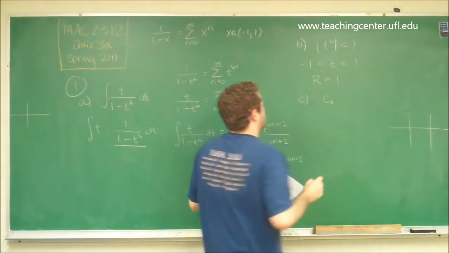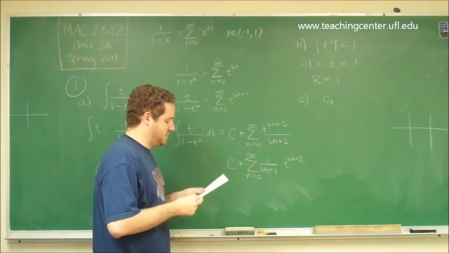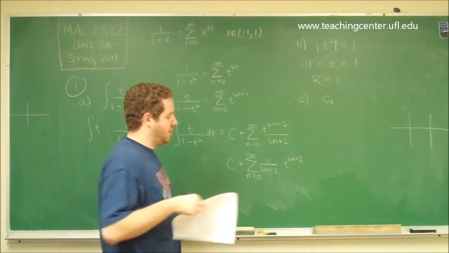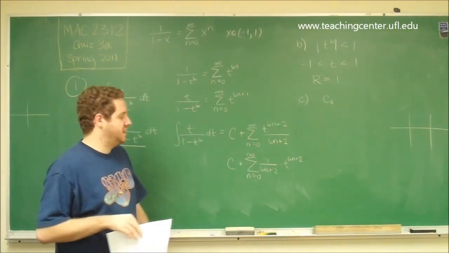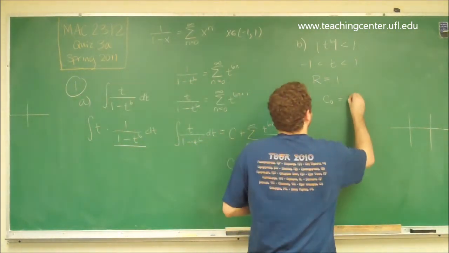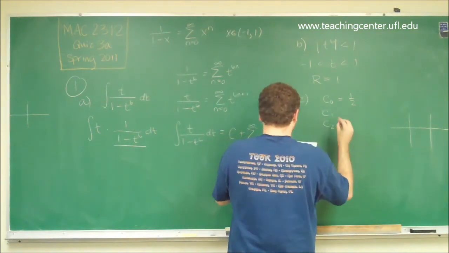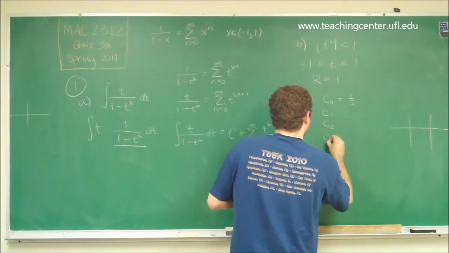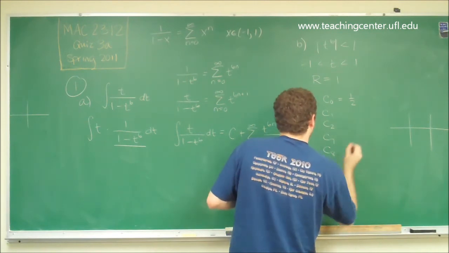So this is just a matter of plugging in the numbers, so I'm going to go through these quickly. So c sub 0, that means the first coefficient I should say. If you plug in 0 for n, you get 1/2. So what else do we need here? We need c1, c2, up through c7, c8, c9, and c10.